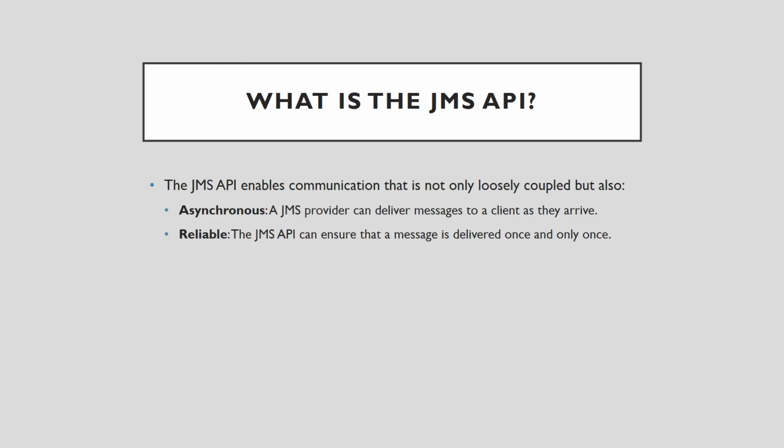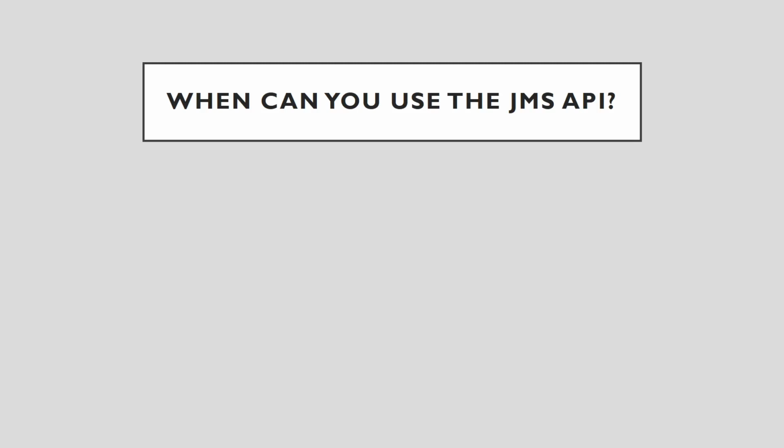And reliable in the sense that the JMS API can ensure that a message is delivered once and only once. Lower levels of reliability are available for applications that can afford to miss messages or to receive duplicate messages. The current version of the JMS specification is version 1.1.